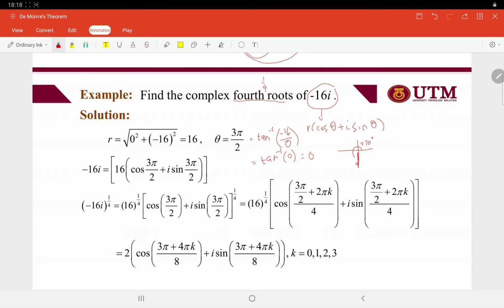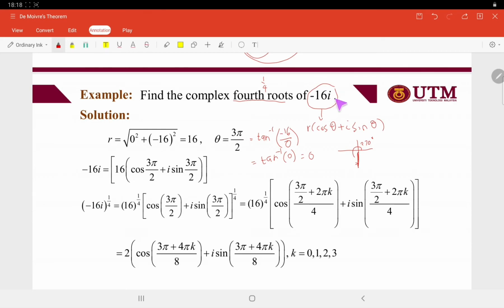So it seems like, other than the principal argument, which is between negative pi and pi, we can also use other values that are convenient, such as 270 degrees, or 3 pi over 2.